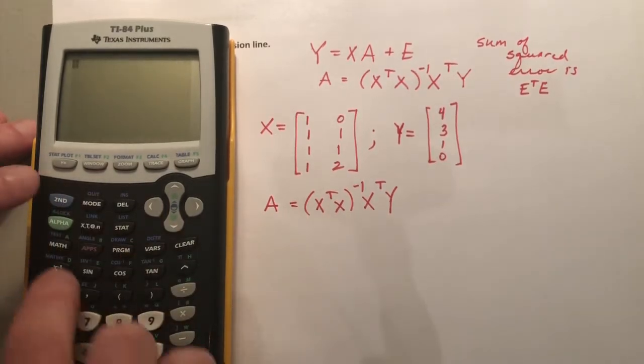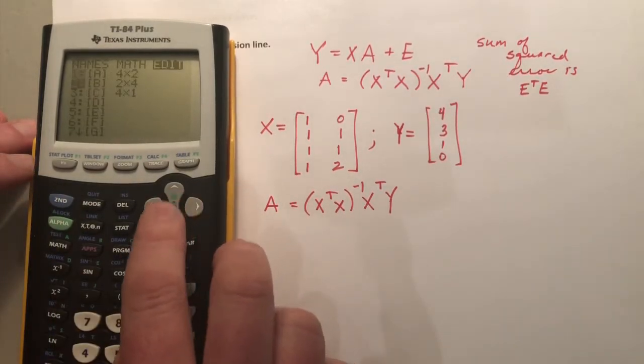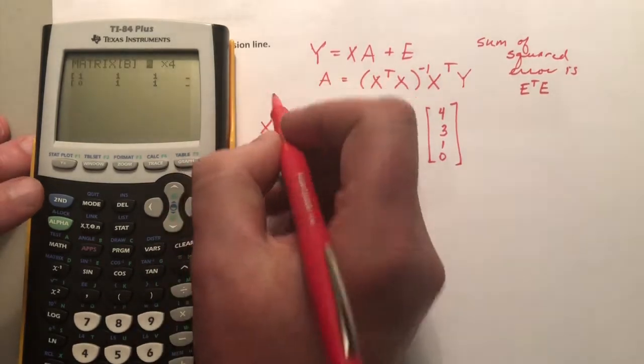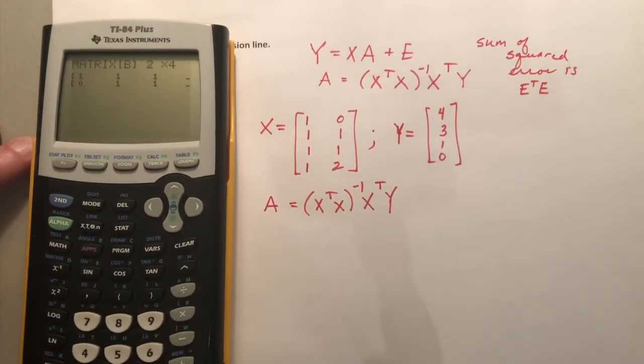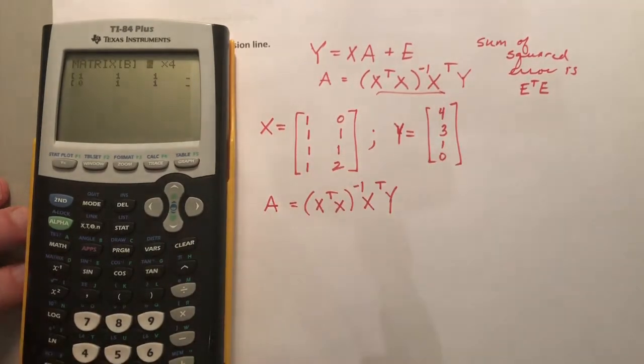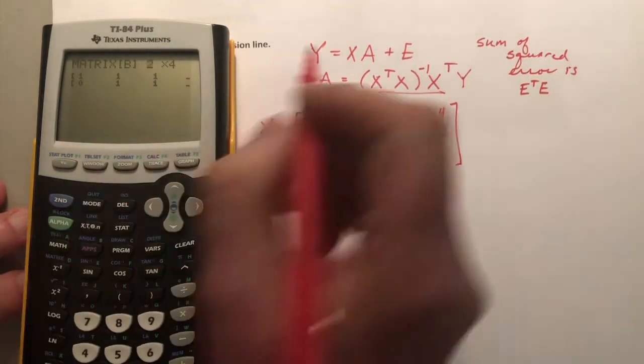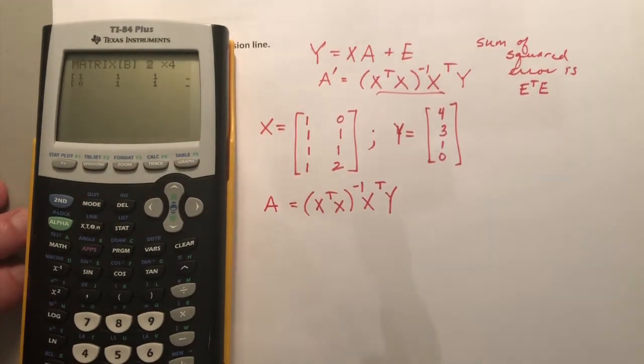Now if I go ahead and edit my B matrix, so let's see. It's a little confusing that I called it X when there's an A in the problem, but you can get over that. Maybe we'll call this A prime. So my B matrix is going to be Y. That's a 4 by 1. We already have it written down right in front of us.